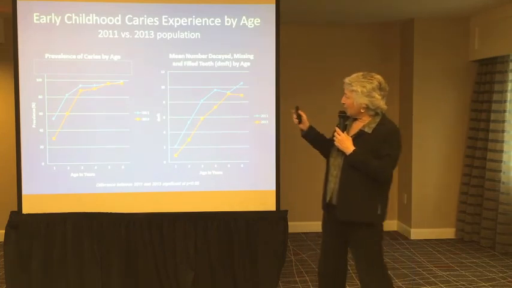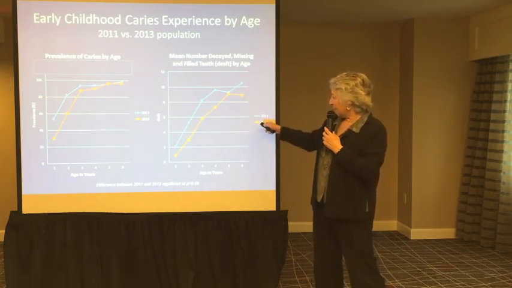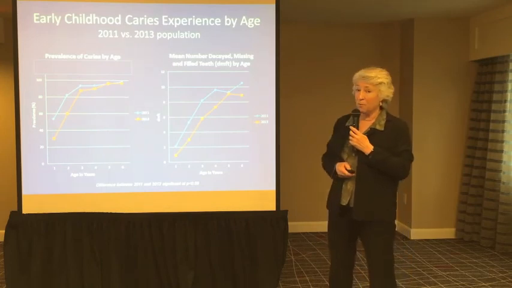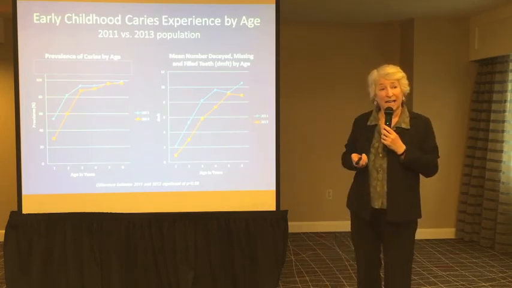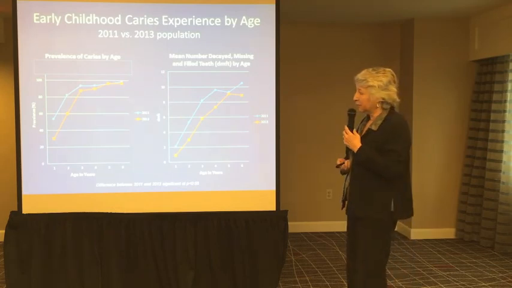But this is the blue is our 2011 cross section, and the red is the 2013. And I want to show that our intervention, again, is limited. We're not using a powerful antibacterial like silver nitrate.